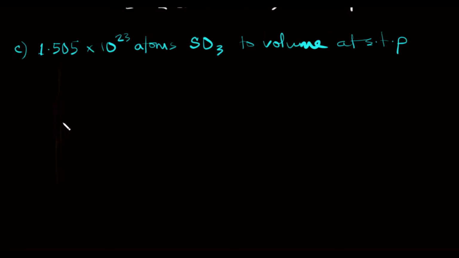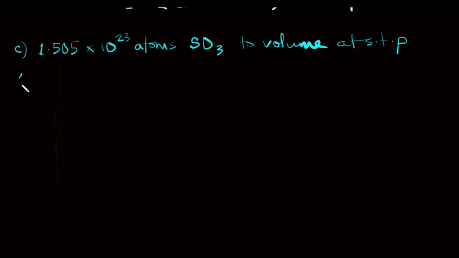A molecule of sulfur VI oxide, or a mole of sulfur VI oxide, that's SO3, contains 4 atoms. As we can see here, 1 atom of sulfur and 3 atoms of oxygen. So the atomicity of sulfur VI oxide here is 4. So we have to take that into consideration.